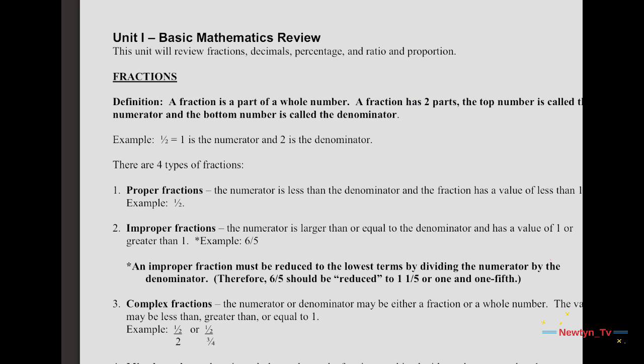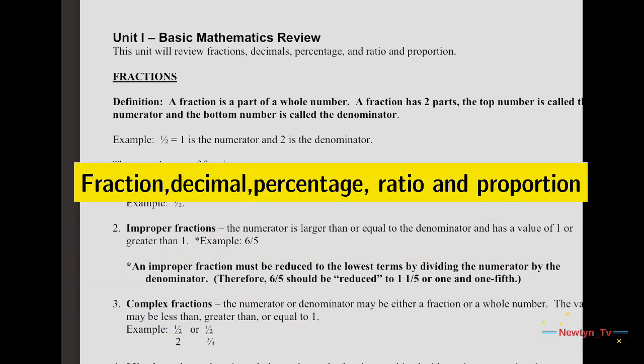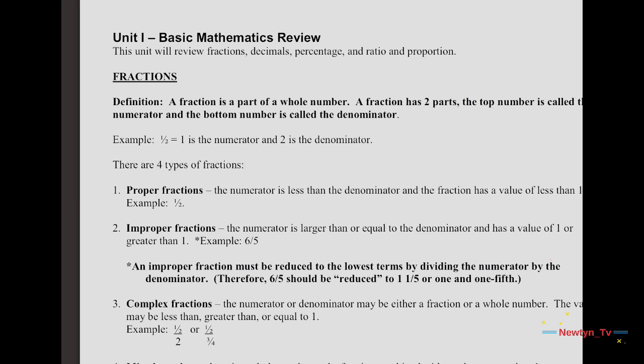I'm talking about the mathematical aspect of the question. So I decided to start with this one before we go into the main concept of dosage calculation. In this particular video, we'll talk about fractions, decimals, percentages, and ratio and proportion. Then in our subsequent videos, we'll go into the main dosage calculation concept.